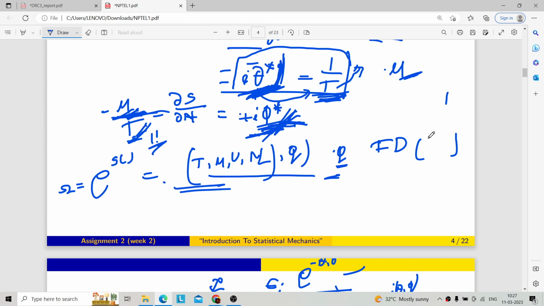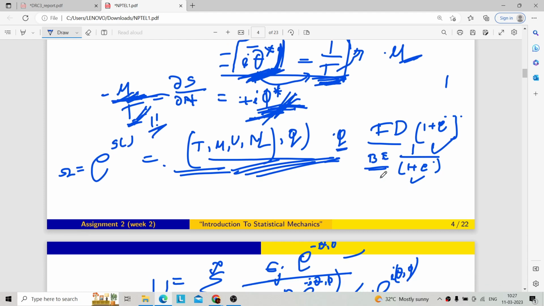For Fermi-Dirac distribution, we will have 1 over 1 plus some exponential term like this, and for Bose-Einstein distribution, we will have 1 over 1 minus some exponential term. So these forms we get from this operation, right? Up to this, any questions?